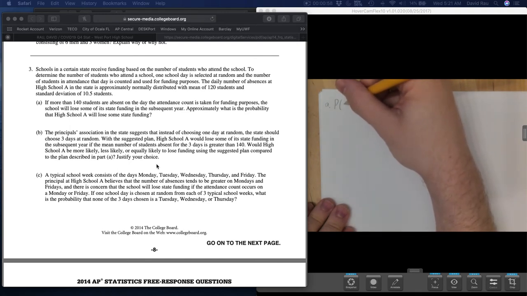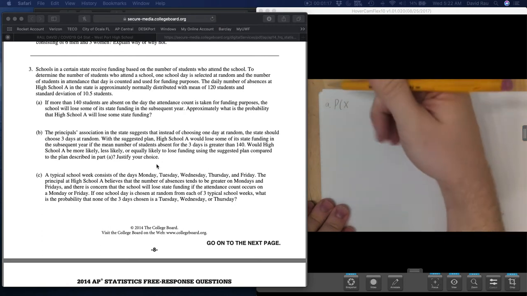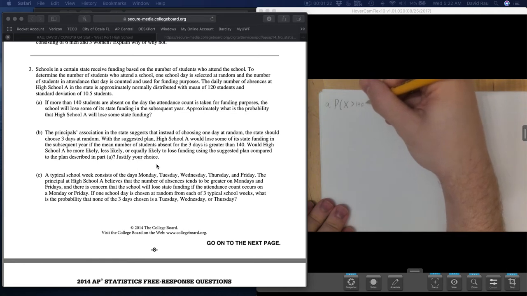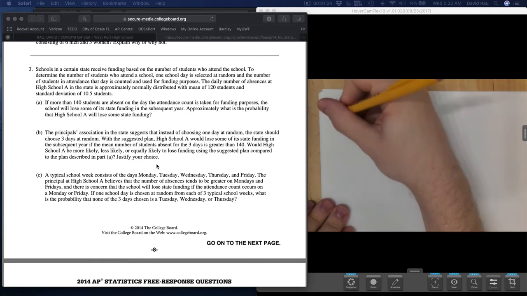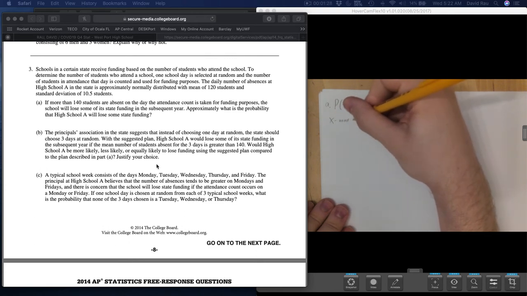X, is they'll lose funding if X is greater than 140. All right, and I might want to say that X is the normal.